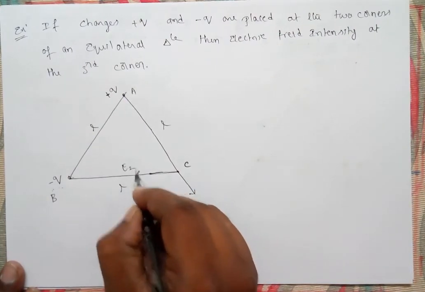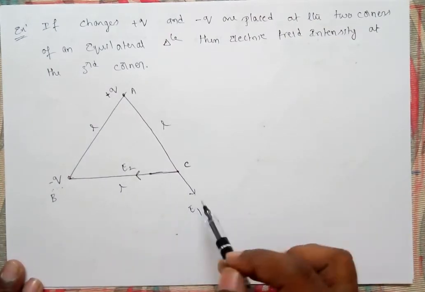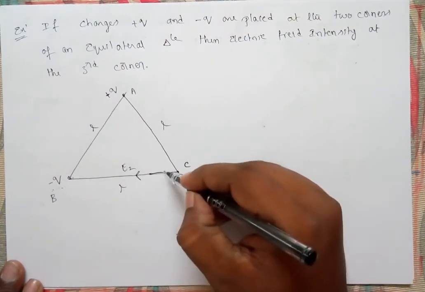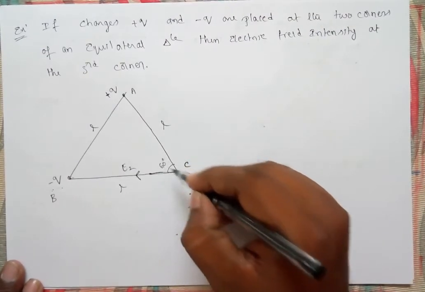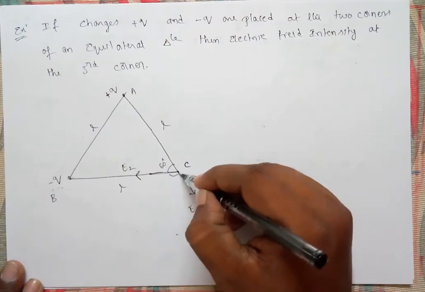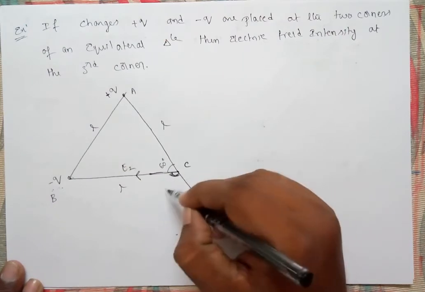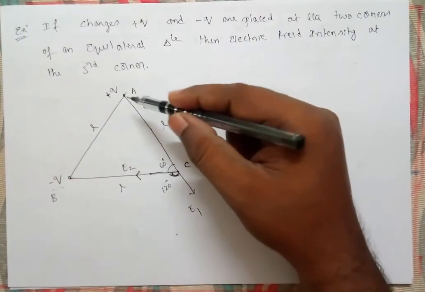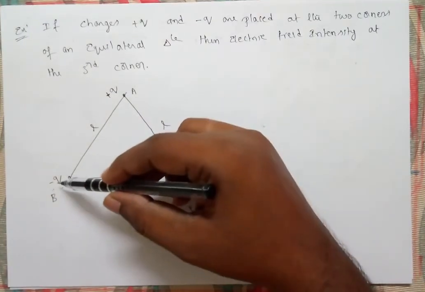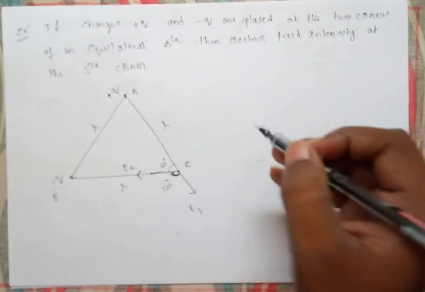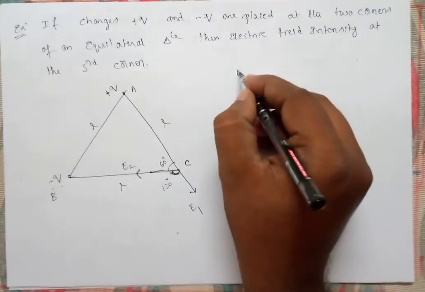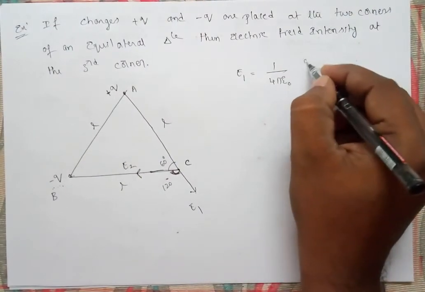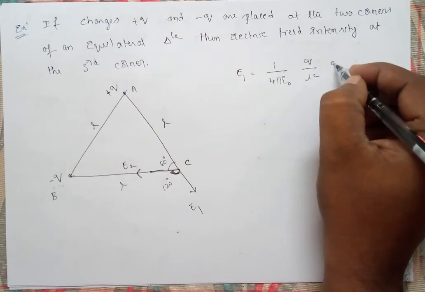Magnitude-wise there is no change, only the direction is affected. The angle was 60 degrees, and now the angle between E1 and E2 is 120 degrees. The magnitudes are the same because the distance and charge are the same; only the nature changes, so the direction changes. Directly we can write E1 equals 1 upon 4 pi epsilon naught Q by L square along AC.